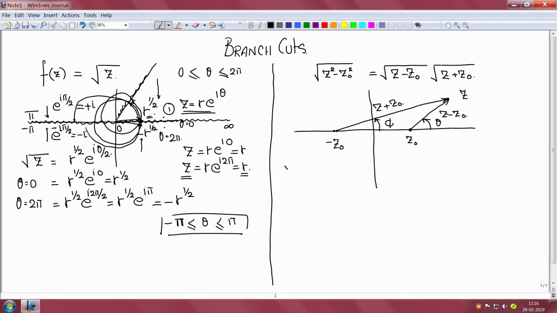So we say z minus z0 is equal to r1 e to the power of i theta, which implies, so this is the magnitude, positive number, and this is the phase. So square root of z minus z0 is going to be equal to r1 to the power half e to the power of i theta by 2.